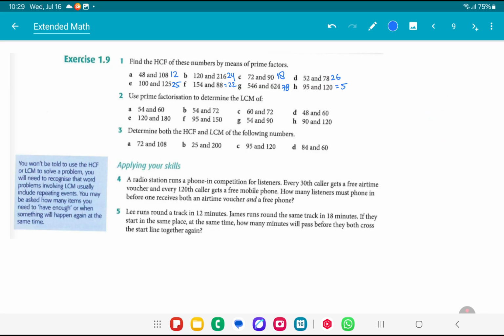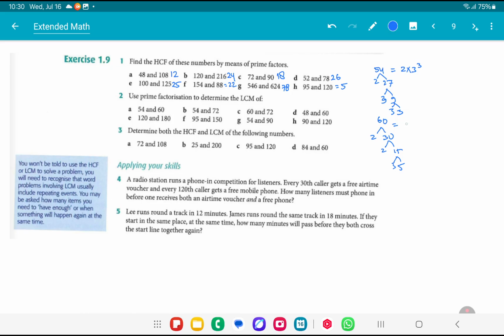Next, number 2: use prime factorization to determine the LCM of both numbers. 54, we divide by 2, 27, divide by 3 equals 9, 3 and 3. So 2 times 3 cube. 60, we get 2 and 30, 2 and 15, 3 and 5.